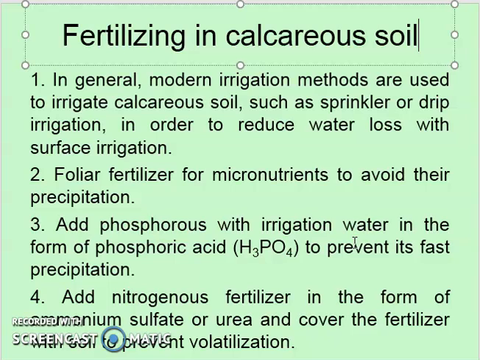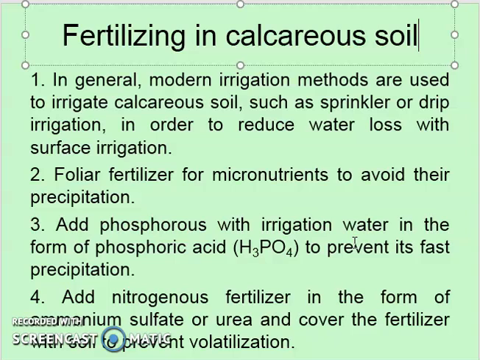So this method is called foliar fertilizers. Foliar fertilizer means adding nutrient directly to the leaf in the form of solution, and the leaf can absorb the solution containing macronutrients.